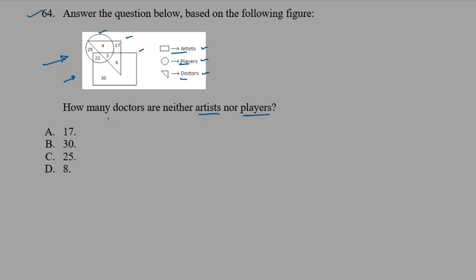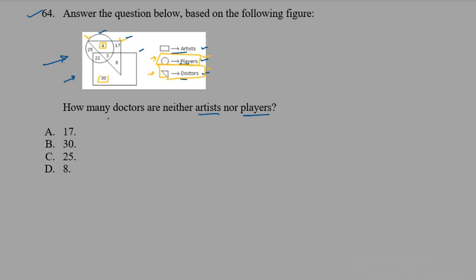Let us first understand the diagram. Here, if we take the number 4, this 4 belongs to the triangle as well as the circle. So it represents 4 people who are doctors as well as players, because they are in the triangle and also in the circle.